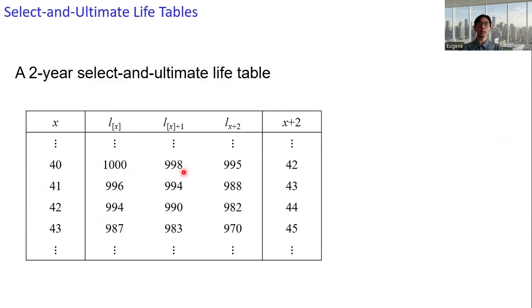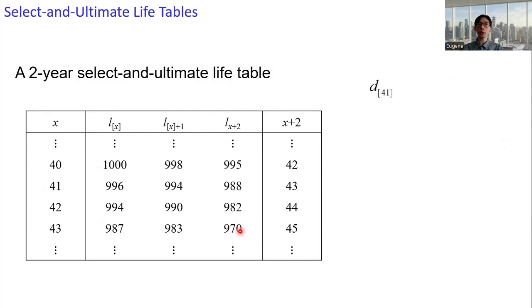And then 1 year later, this group of individuals will merge with the ultimate part of the population, and here the expected number of survivors is 995. And then 1 year later, reaching age 43, we have 988, etc.